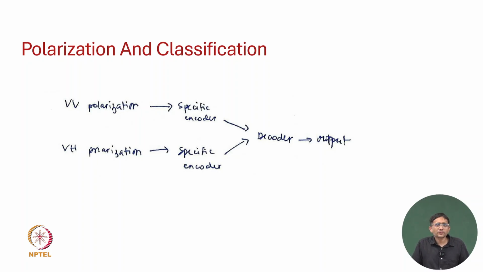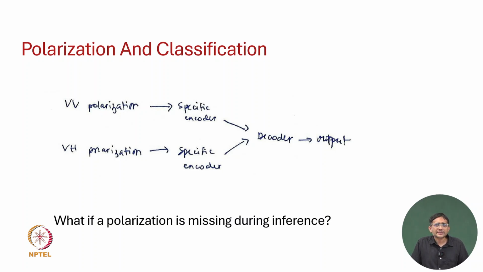Now, one important question, a practical scenario which may arise in such situations, is what if during training you collected the data set in a way that you had both VV and VH polarization, but during inference time, when we are actually deploying your model, sometimes you have only one of these polarizations? You don't have both polarizations at the same time.